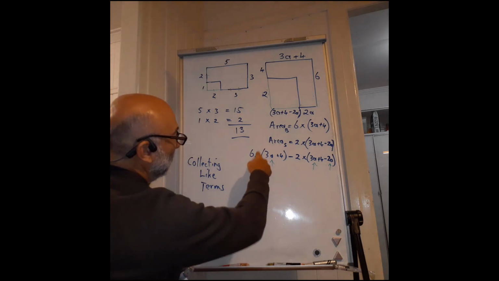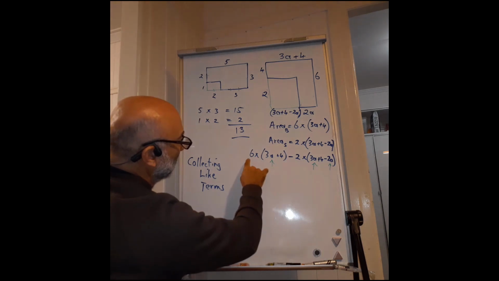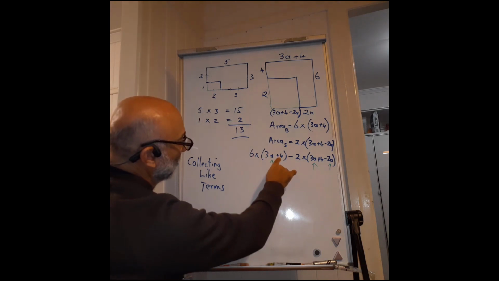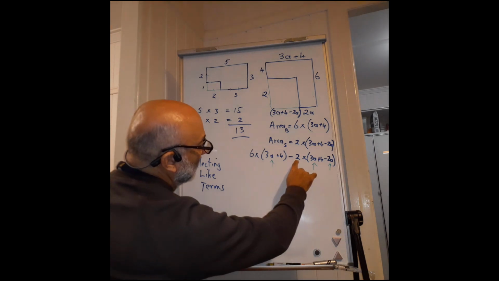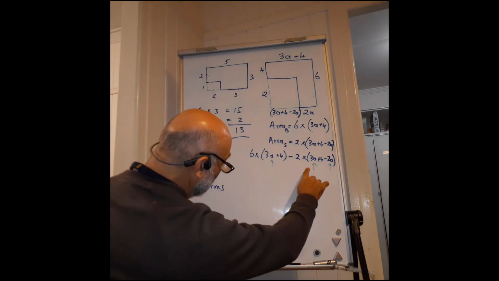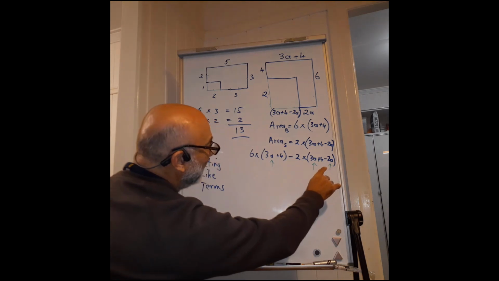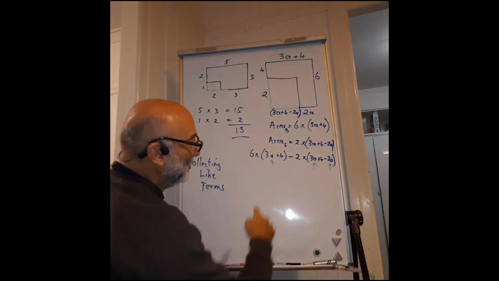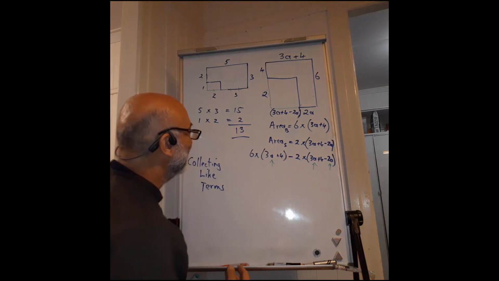And when we see brackets like that, so 6 times all of that in the brackets, it's going to be 6 times this term plus 6 times that term. And then there's a minus here. And then there's a 2 times this term, 2 times that 4, 2 times that minus 2a. But all of that is minus. So we need to keep track of our minuses as well.